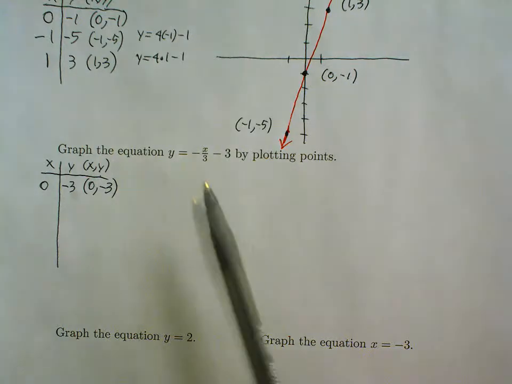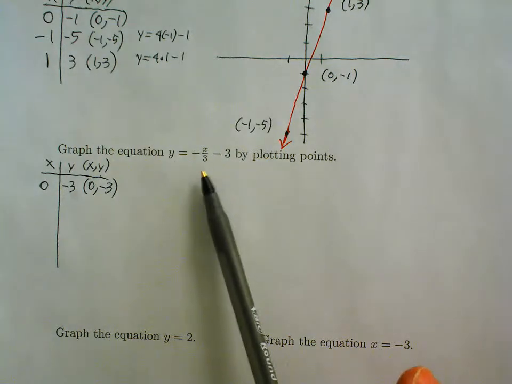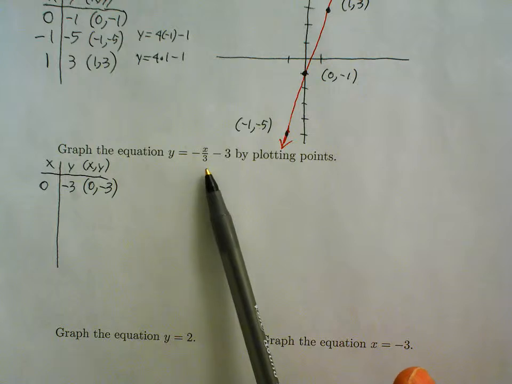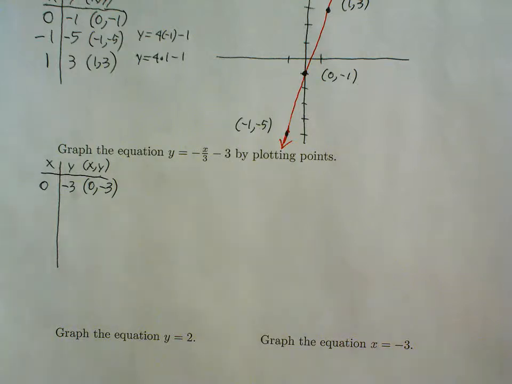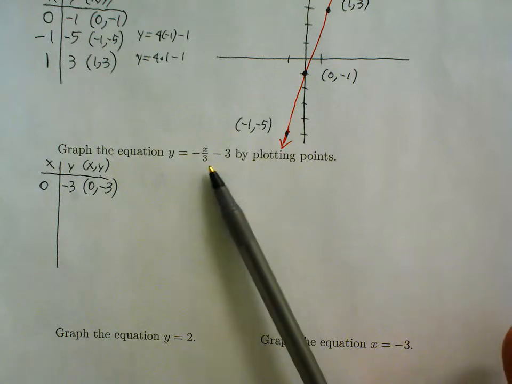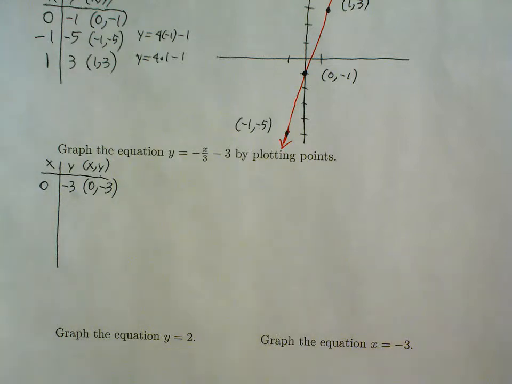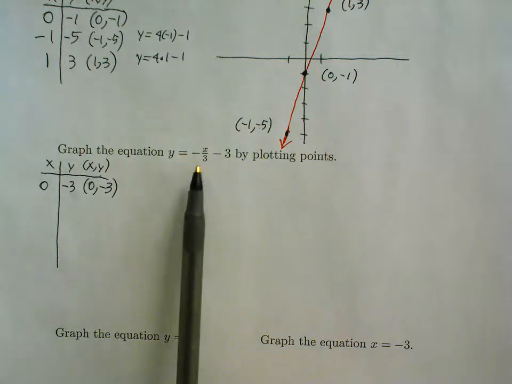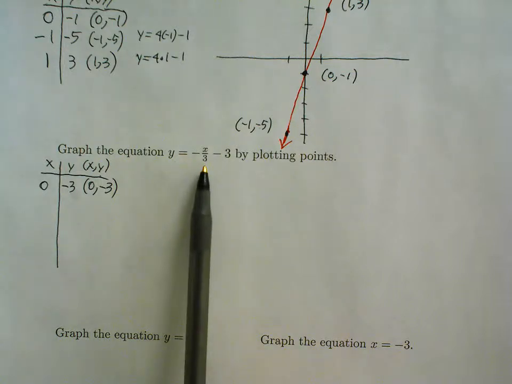Well, we have a fraction involved. This is like negative 1/3 times x minus 3. And there's a strategy that you can use when you see fractions involved. If we pick x to be a number, then we have to divide it by 3.